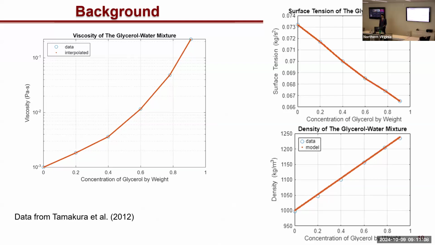It's very inert, and we have a lot of data that show us how the different fluid properties of this liquid change with differing concentrations of the glycerin by weight. So you can see on these three graphs the viscosity, the surface tension, and the density. These three properties are what define those three dimensionless numbers.